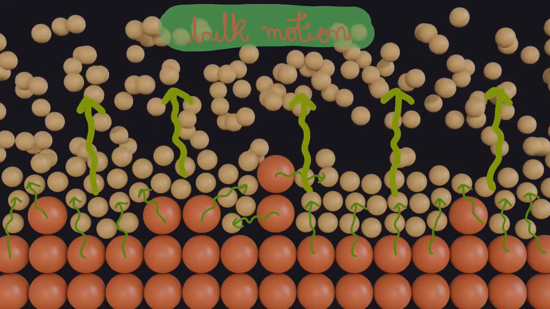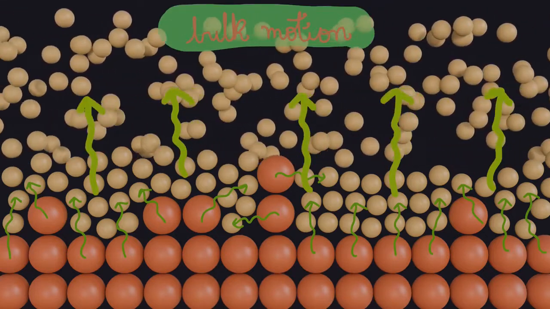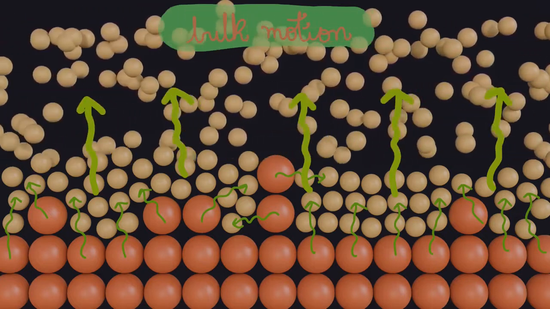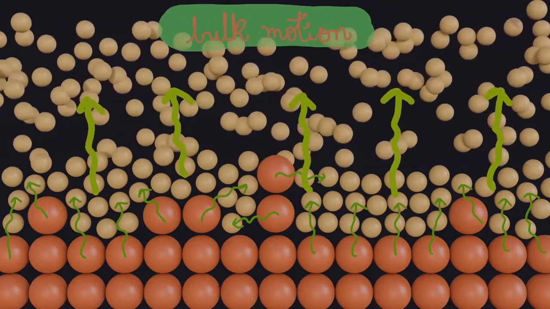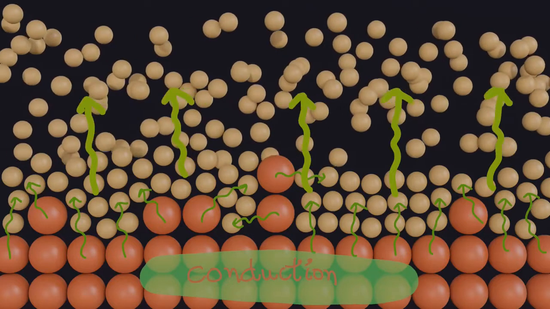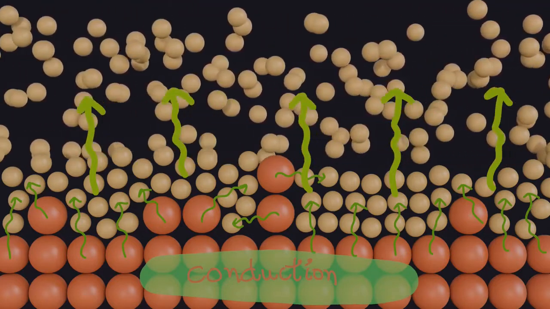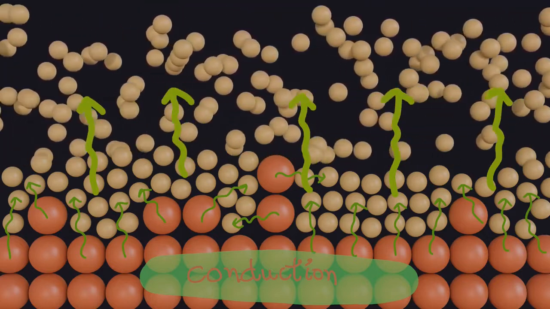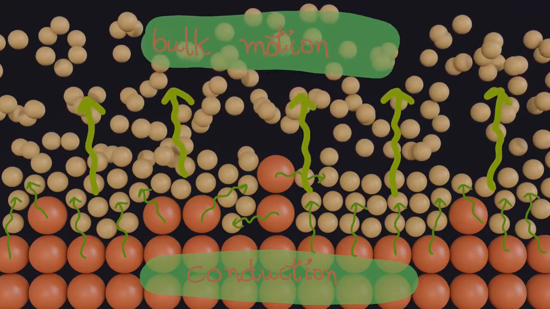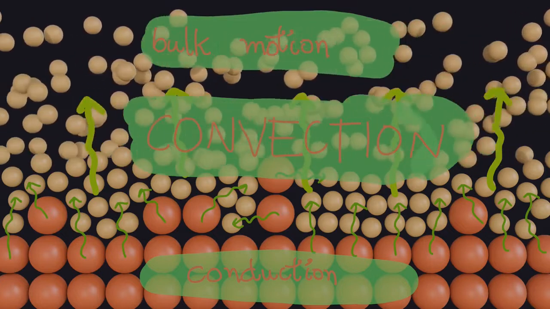This is bulk motion. So the overall transfer of energy from the solid surface to the adjacent fluid molecules due to conduction, and then the carrying away of heat from these adjacent molecules to the molecules that are in motion, all these effects combined is called convection.